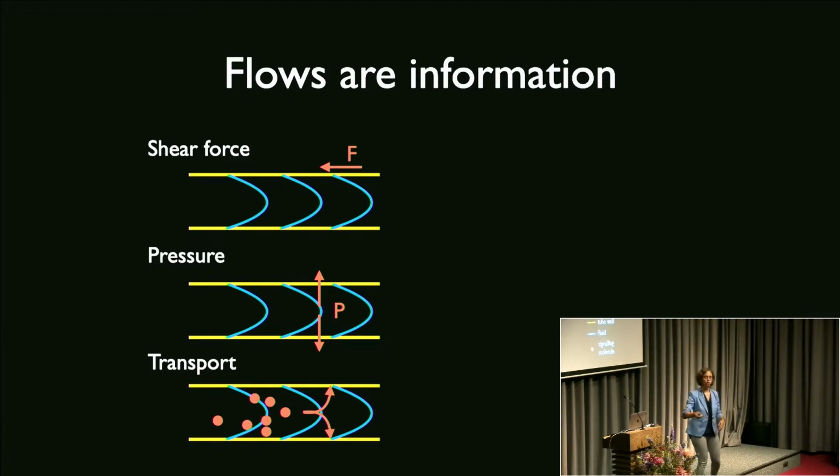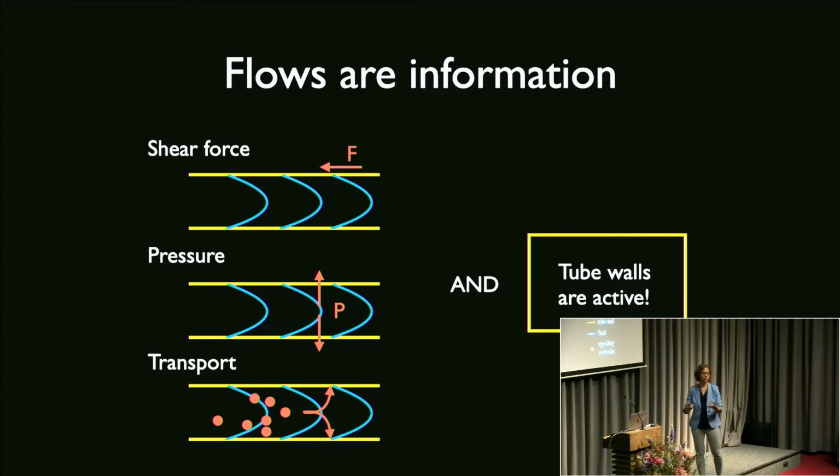The flows provide a shear force that's acting on the tube wall, the flows exert a hydrostatic pressure, and the flows can transport signaling molecules. And now, in a setting where these are not the pipes of your apartment that are made of steel, but instead these tubular walls are active, that means that they can respond to this information.